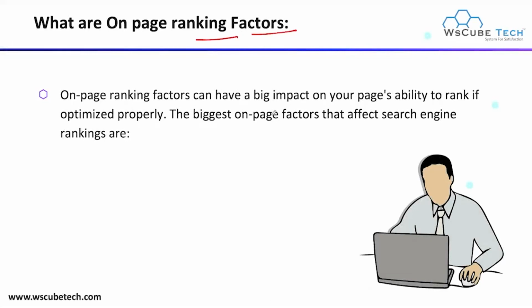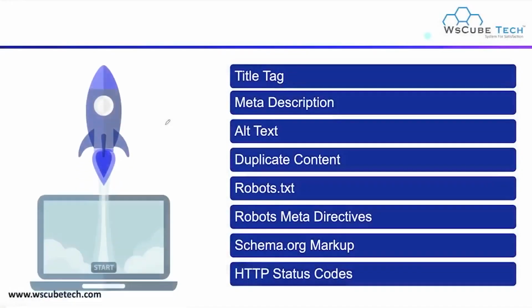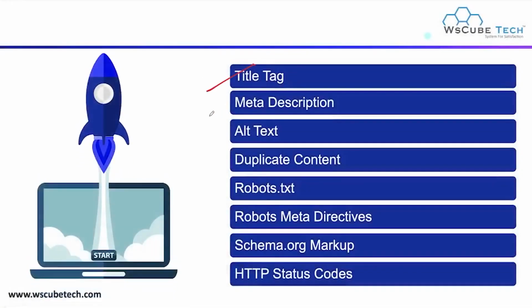On-page ranking factors can have a big impact on your page's ability to rank if optimized properly. The biggest on-page factors that affect search engine ranking are your title tag, your meta description, alt text, duplicate content, robots.txt file, your robots meta directives, your schema.org markups, your HTTP status code.